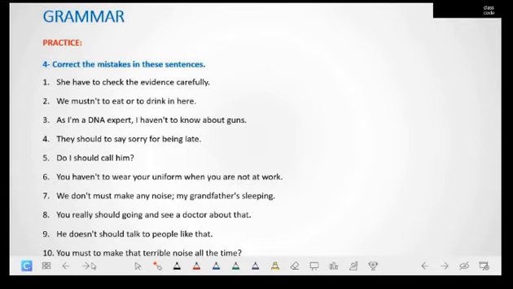There is a mistake in this sentence, and the correction is she has to, because she takes has, not have. So instead of have, we have to write has. So she has to check the evidence carefully. All right? So I'll give you 5 minutes more to complete this activity.